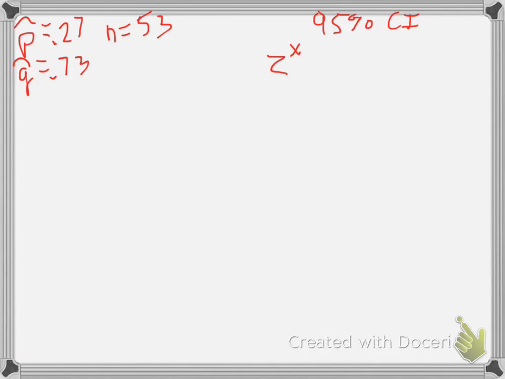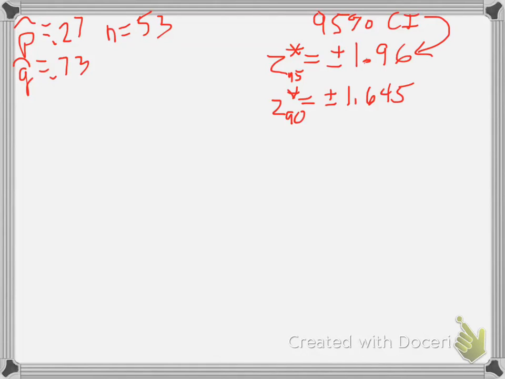The z critical value is plus or minus 1.96 for a 95% confidence interval. The next question is what about a 90% confidence interval? That was plus or minus 1.645. So this is 95, and this one is the 90% confidence interval.